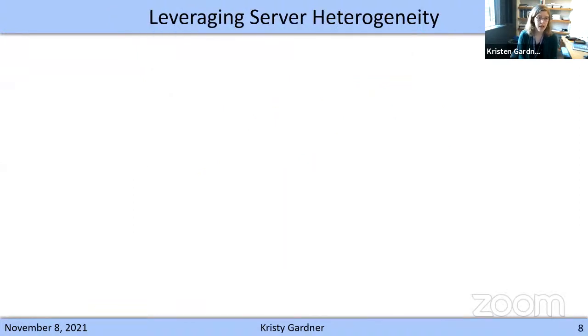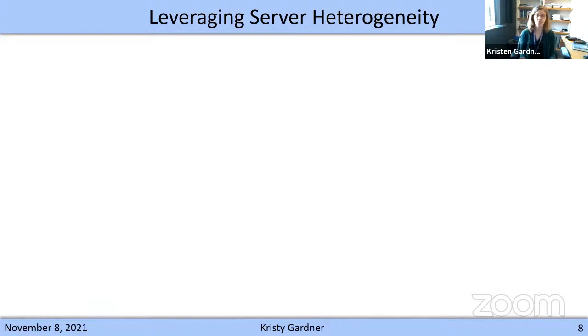Now, I want to point out that SED uses server speed information in a particular way when it's making decisions. SED uses that server speed information after D servers have been queried to decide where among those queried servers to send the job. There are other policies in the literature that also use server speed information when making dispatching decisions.